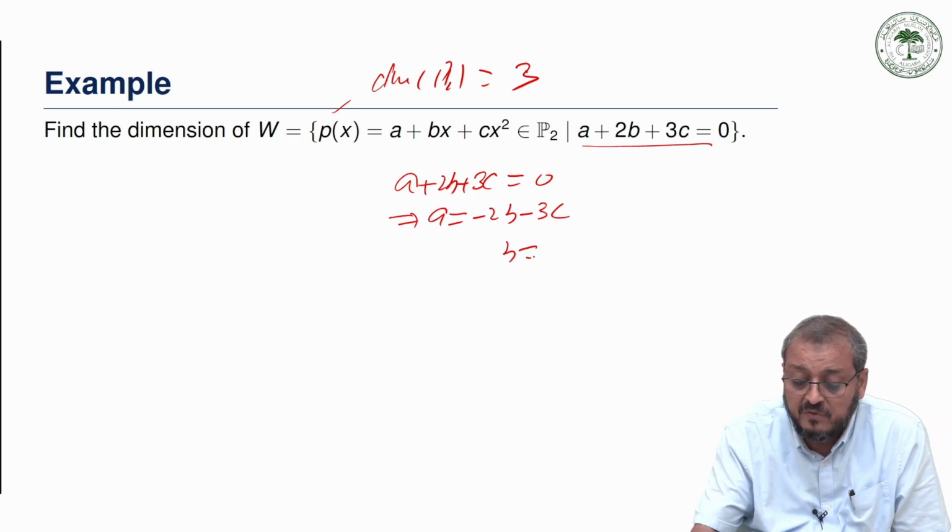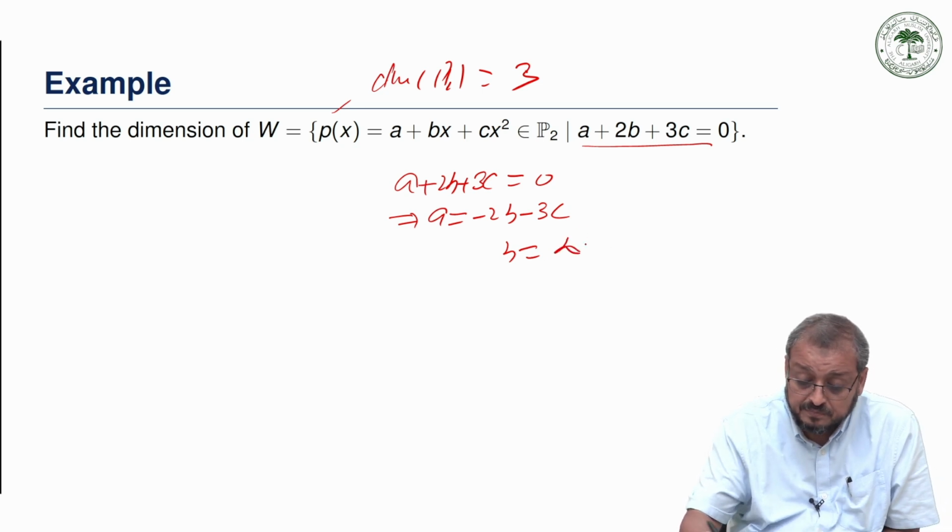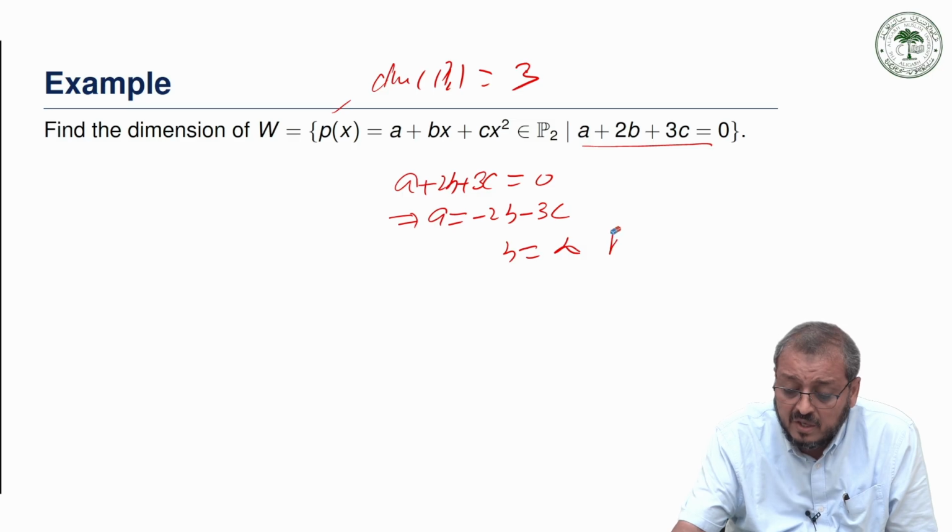So we take b equal to some alpha, and c equal to some beta.